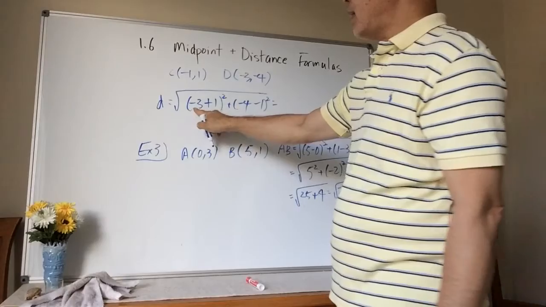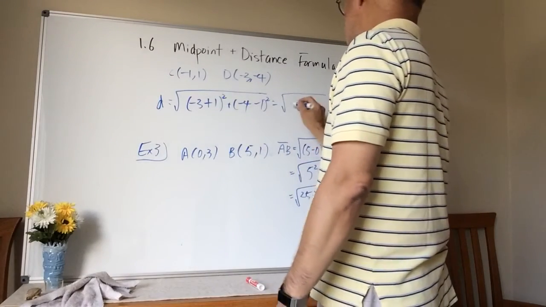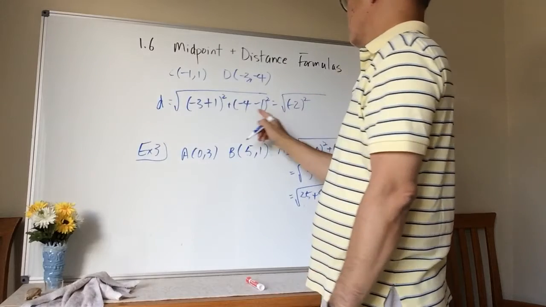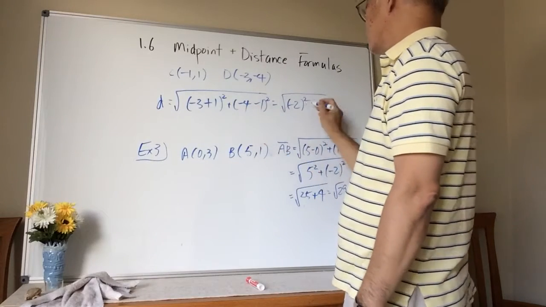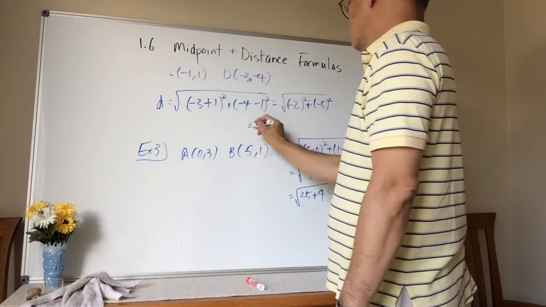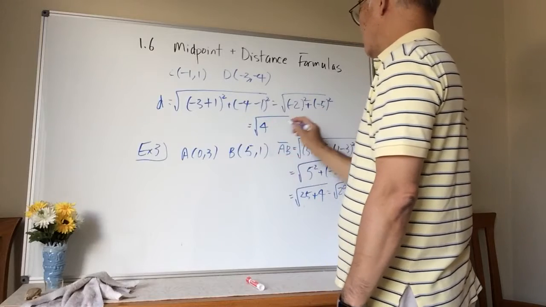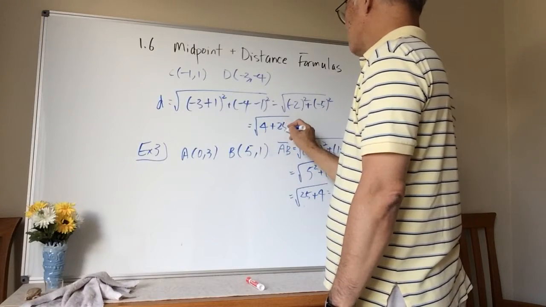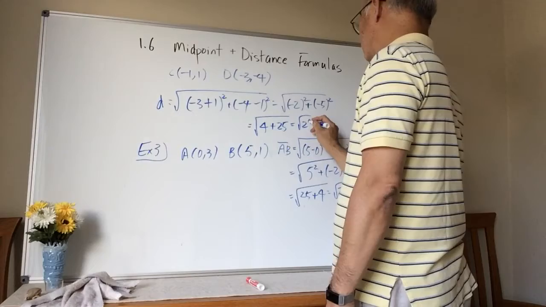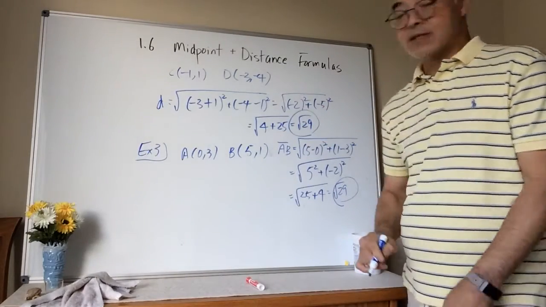So what I get here, negative 3 minus 1 is negative 4... negative 3 plus 1 is negative 2, negative 2 squared, negative 4 minus 1 is negative 5 squared. So what do I get here? Negative 2 times negative 2 is 4. Negative 5 times negative 5 is 25. Square root of 29. Yes, indeed, the two distances are the same.